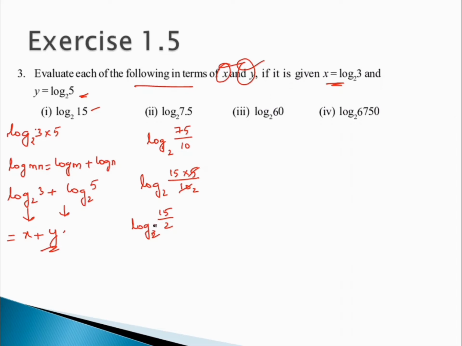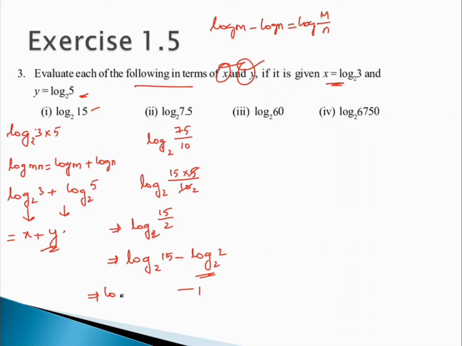So if you remember, the formula for log of m by n is log of m minus log n. Using that formula, I can write this as log 2 of 2, directly, and you can see this minus 1.